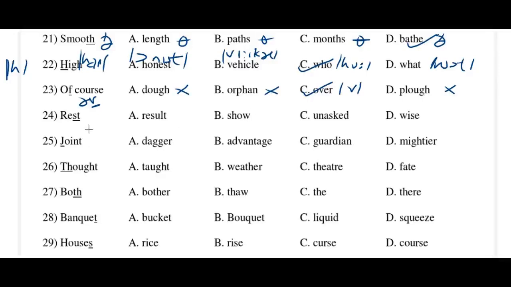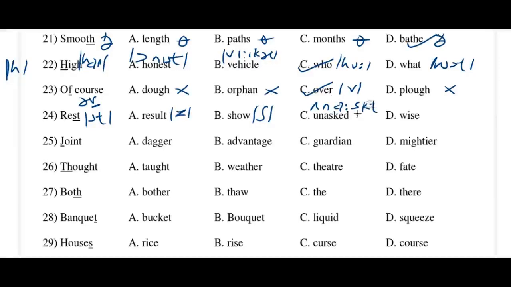24, rest. All right. Option A, we have result. That's z, result. Option B, we have show, sh, show. Option C, we have unasked.